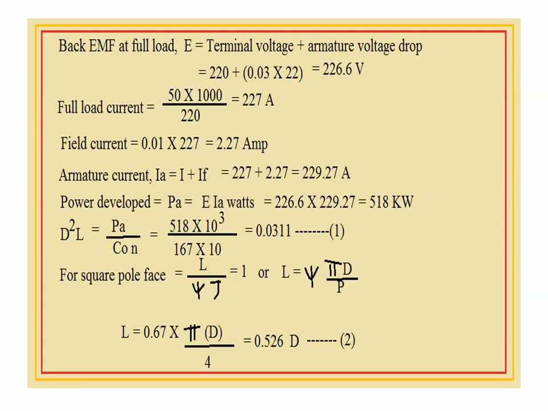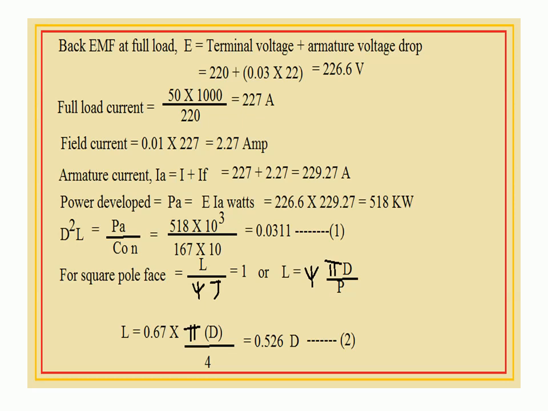Full load current you calculate as 50 kilowatt divided by voltage, 227 ampere. Field current is a percentage of full load current, 1%. Take that percentage and multiply, we are going to get 2.27 ampere.